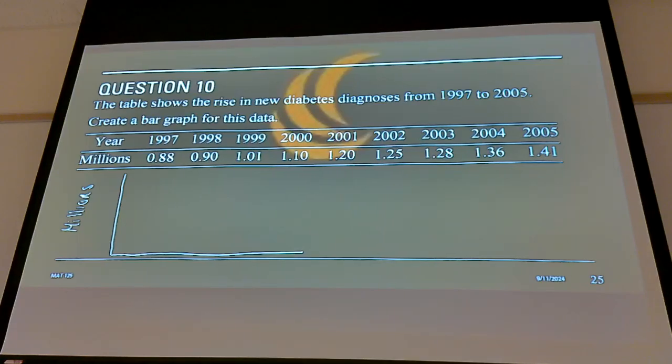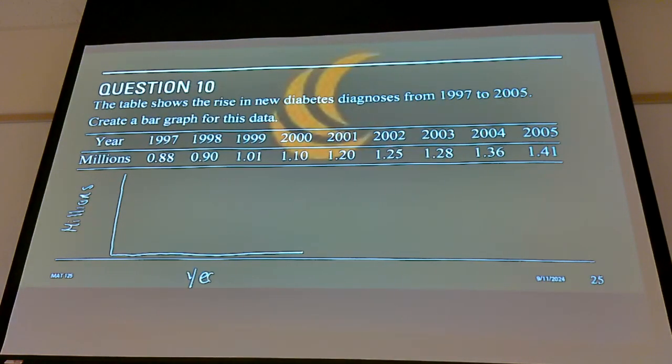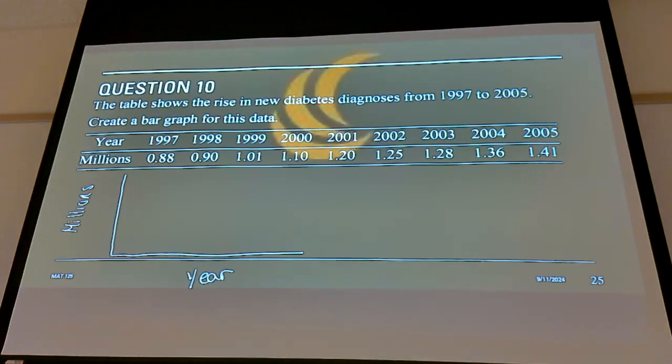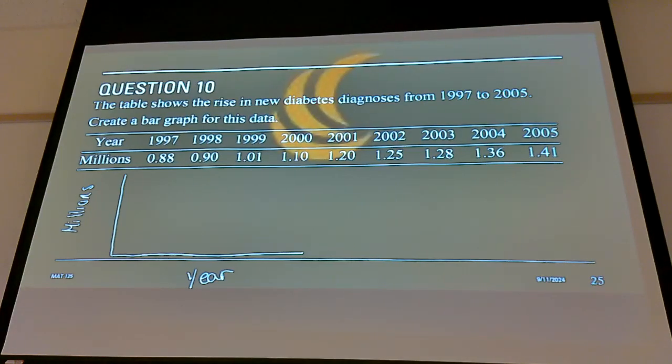0.88. Okay, so what I'm going to do is say, obviously that's 0. Let's just go up to 1.5 as the maximum. So we'll say that's 1.5. About halfway would be 0.75. Well, it kind of looks like half, so I'm going to just take that for my own reference, that is about 0.75.